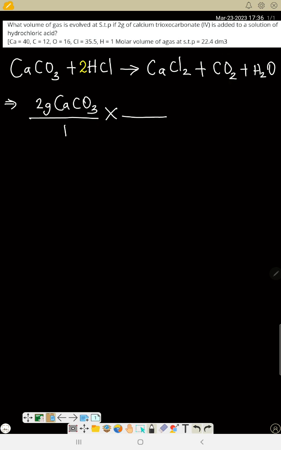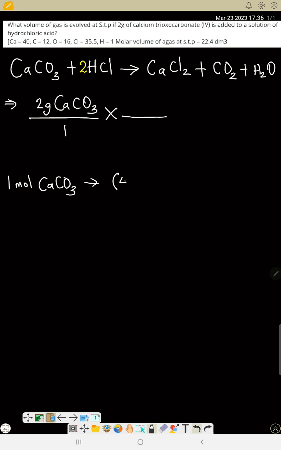So how can I remove this gram? Find the relative molecular mass.